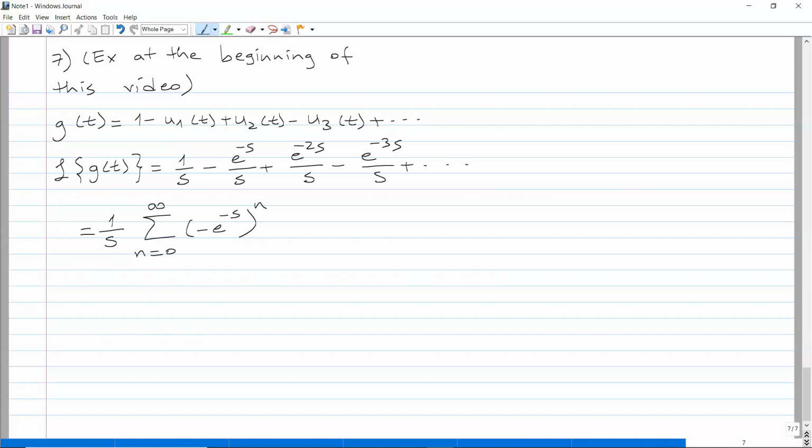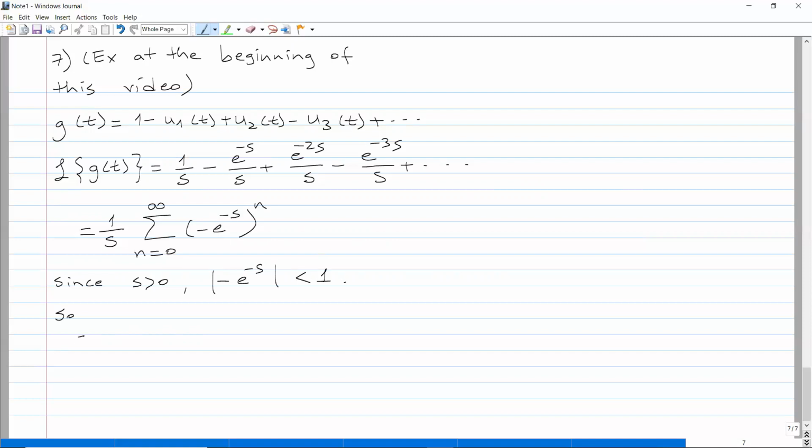For n equals 2, plus e to the minus 2s, and so on. And remember, we take s positive because Laplace transform of 1 is 1 over s for s positive, so minus e to the minus s in absolute value is less than 1.